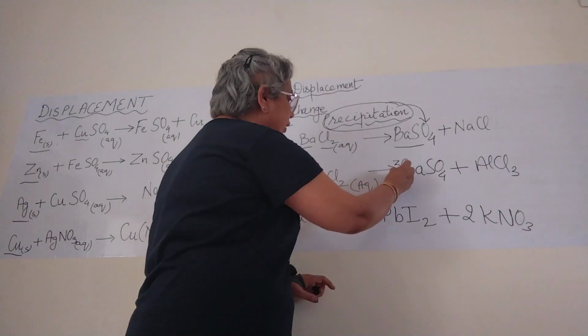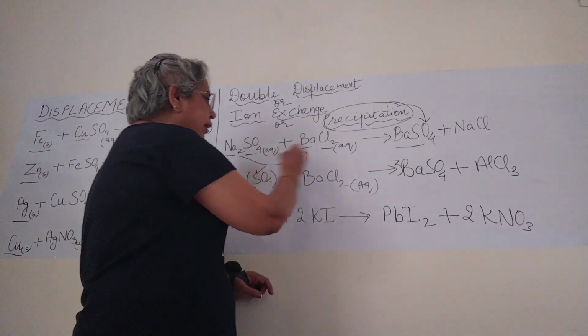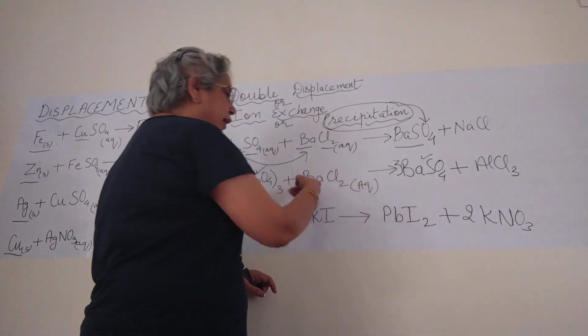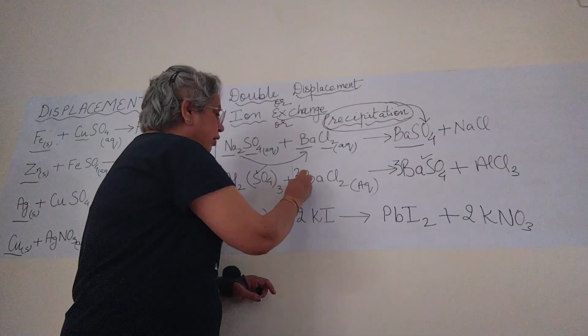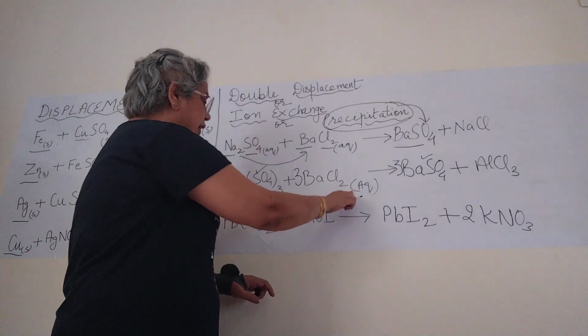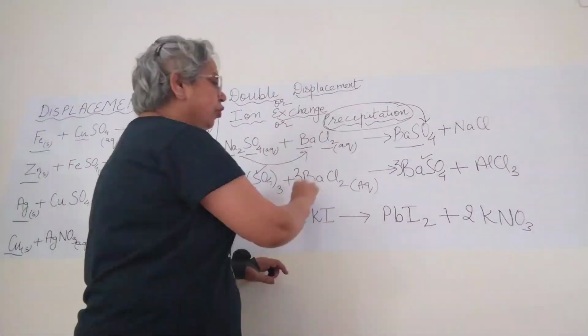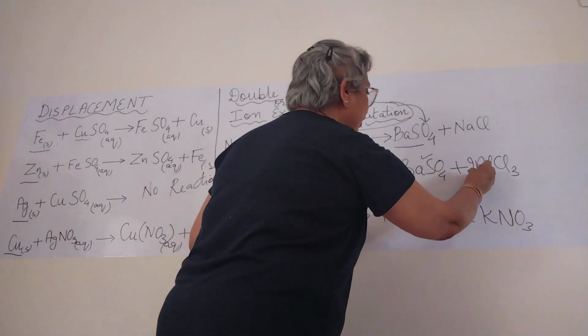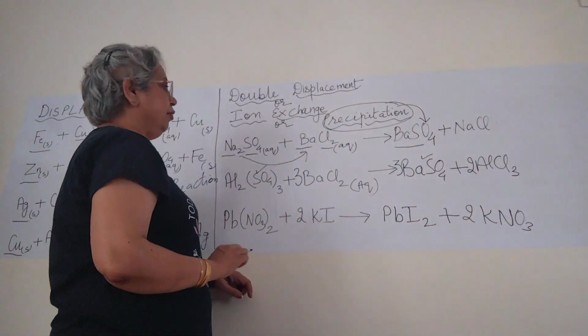So I will write 3 here, 3 barium sulfate. Now sulfate is balanced, but barium becomes unbalanced. So I will write 3 here, 3 BaCl2. Now 3 2s are 6 chlorine. So I will write 2 here. So it is aluminium chloride and barium sulfate.